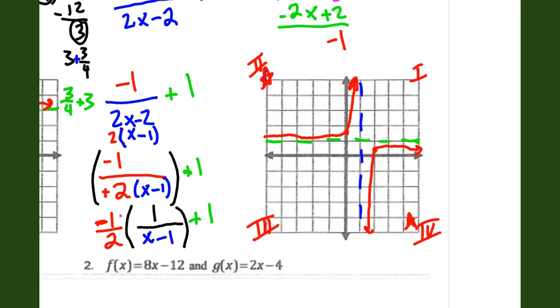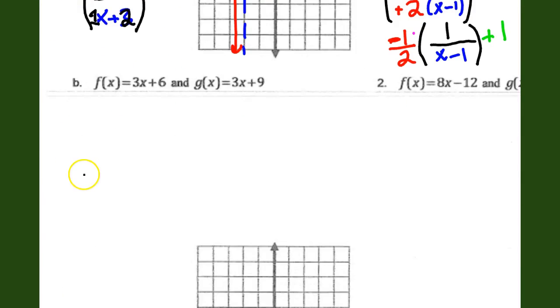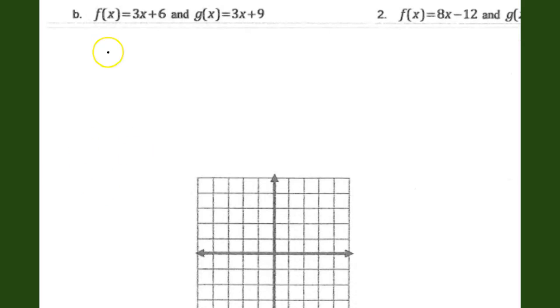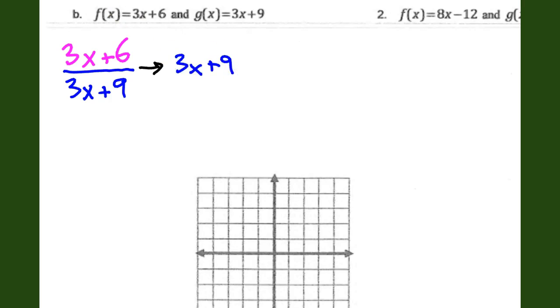All right, so go ahead, let's try 3. It'll be pretty much the same. So 3x plus 6 and let's divide. So 3x plus 9 into 3x plus 6 divided into.